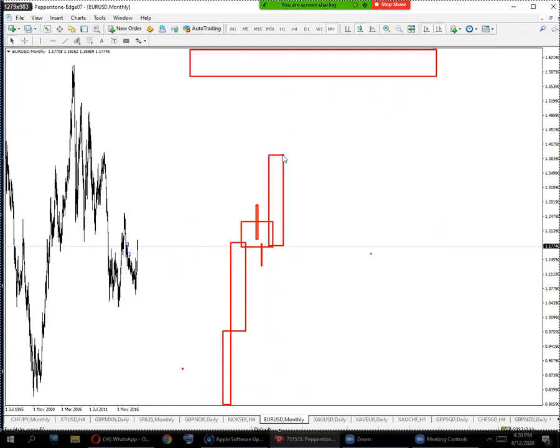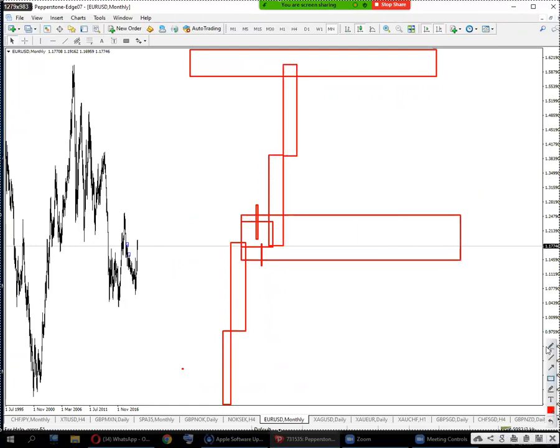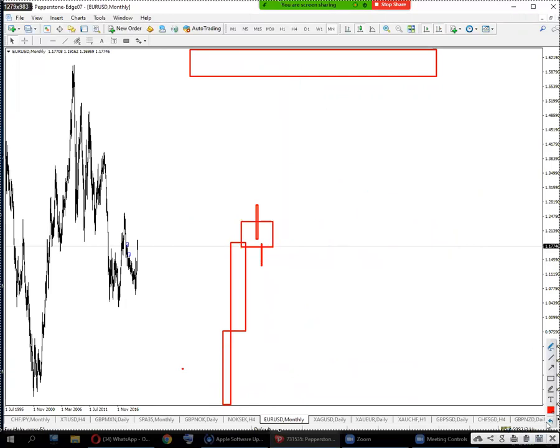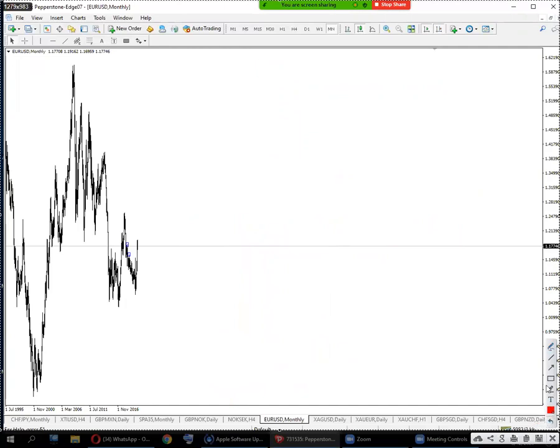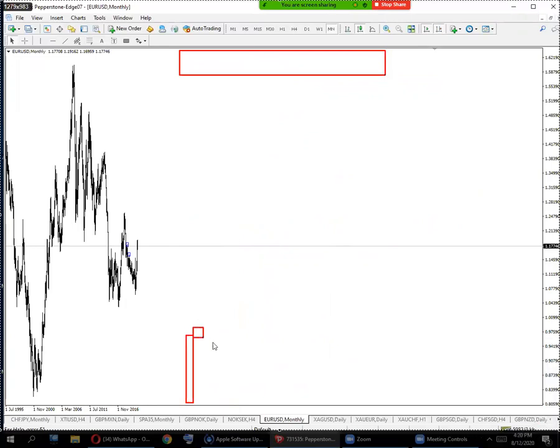But if it closes above, we call this one a CP level, continuation pattern, a rally base rally. Now, if we want to go there, this one is our TP level. So we can use a maximum of three CP levels for the trade, because it's not a valid peak.